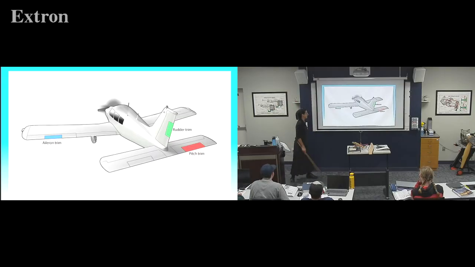Our Cessna 206 has a movable rudder trim. I'll show you a picture: a wheel to change pitch, a wheel to change rudder. Here's a tidbit.